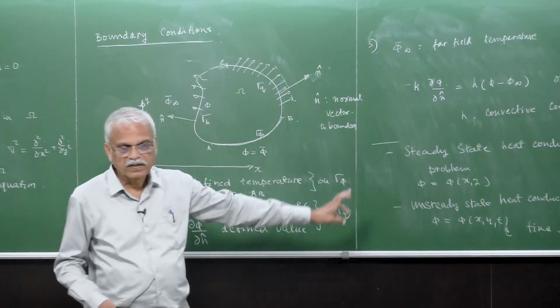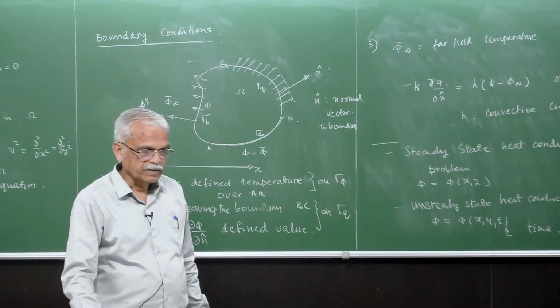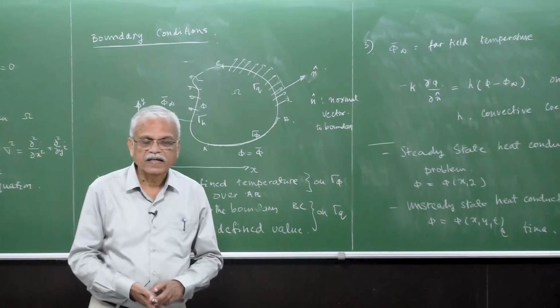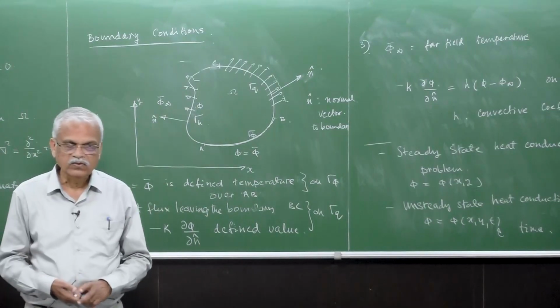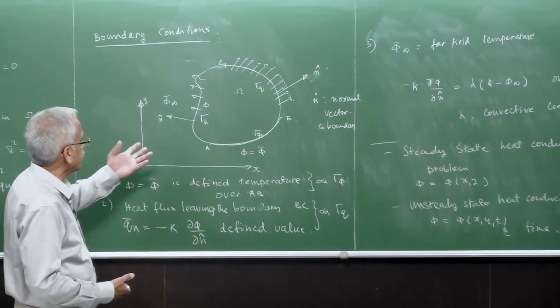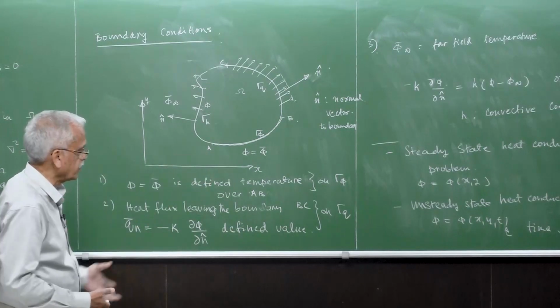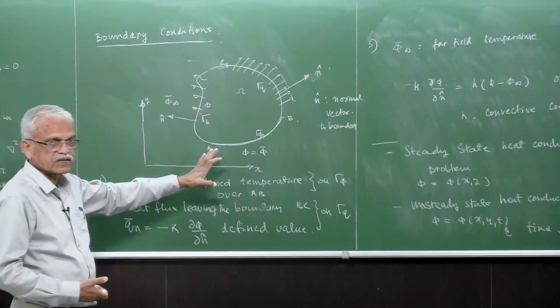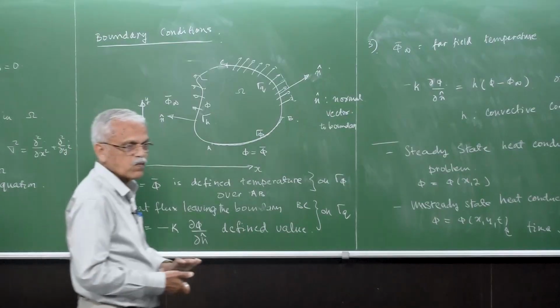So why we want to analyze the heat conduction more often in this course is that phi, which is the temperature, as a function of x, y, is only one variable.